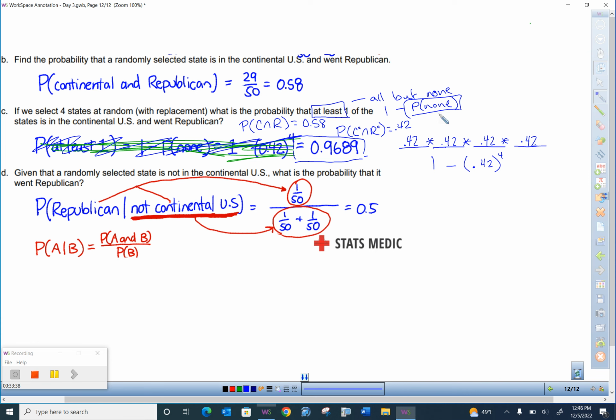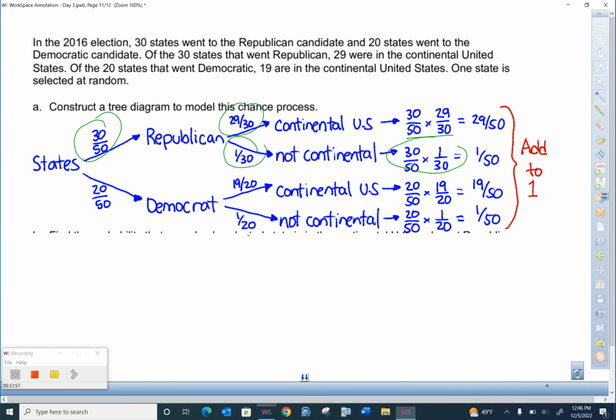All right, this last one, given that a randomly selected state is not in the continental U.S., so if we go back to our tree diagram here, not continental is here, not continental is here. So we need to put those 2 together. That's 2 over 50.